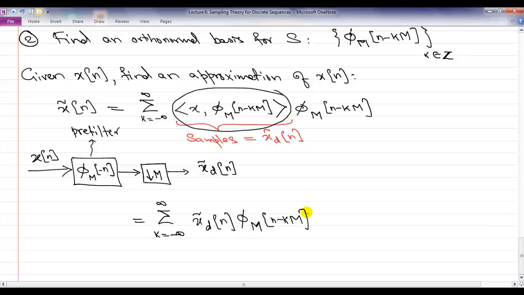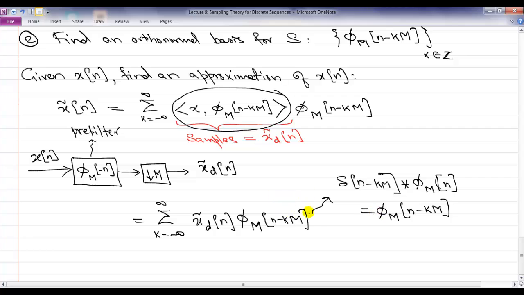Now this phi m of n minus km, I can write using the convolution property. The delta of n minus km convolved with phi m of n is equal to phi m of n minus km. Just the same as in the continuous world, if you convolve a function or a sequence with an impulse, the only thing that happens is that function gets shifted to the location of the impulse.